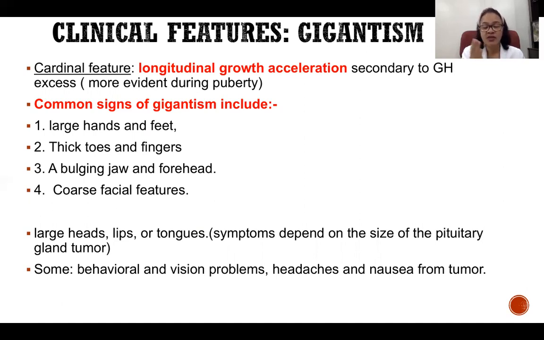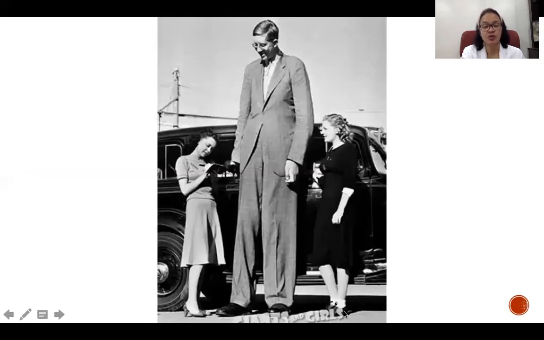The facial features could be very coarse. Other features are a large head, lips, and tongue, and enlargement of the skull. Some patients may manifest behavioral and vision problems, headaches, or even nausea because of the tumor.